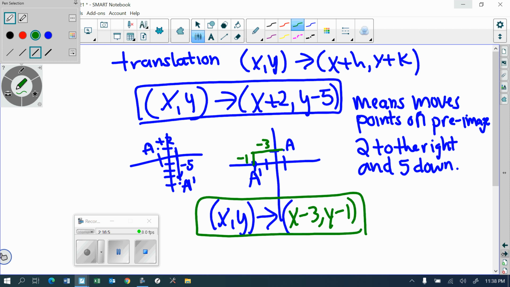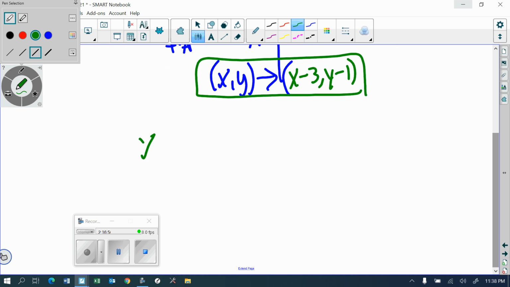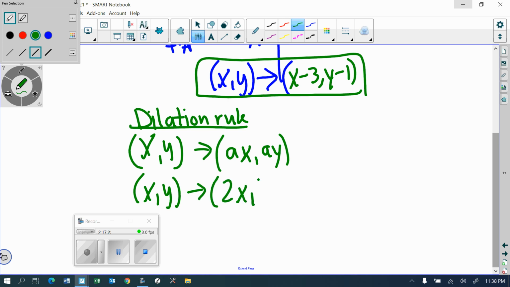Okay, and lastly, dilation. A dilation rule looks like this. x comma y becomes ax comma ay. So I'm multiplying by the same coefficient on both the x and the y coordinates. So example, x y becomes 2x comma 2y.